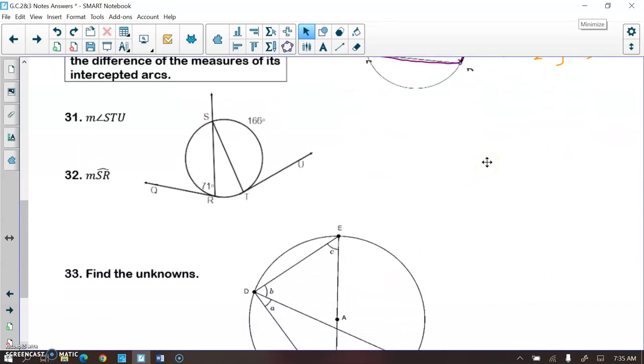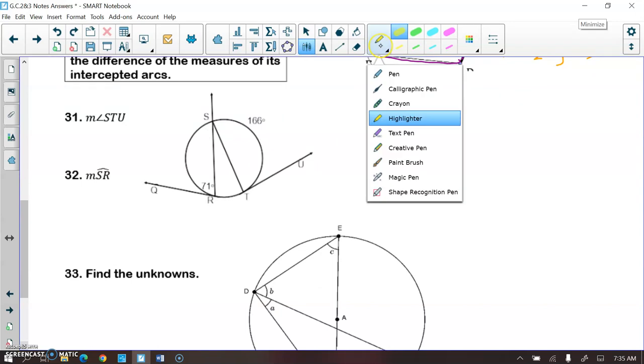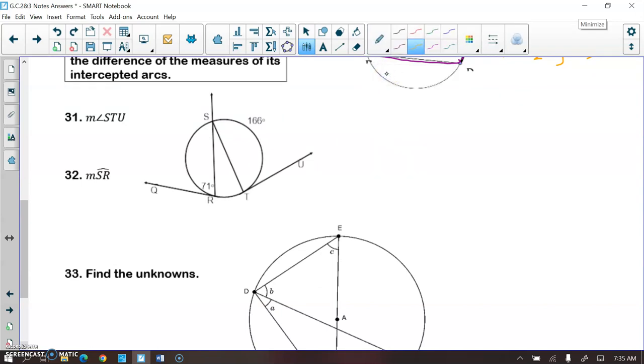So we want the measure of angle STU, which is an angle formed by the tangent TU and the chord ST. The arc that is formed by this angle is this arc here.